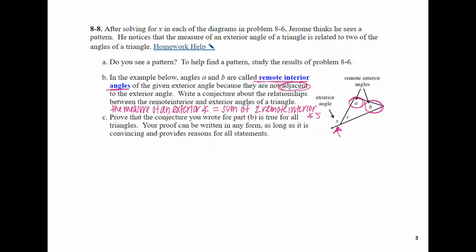Prove that the conjecture you wrote for part B is true for all triangles. Your proof can be written in any form as long as it is convincing and provides reasons for all statements.